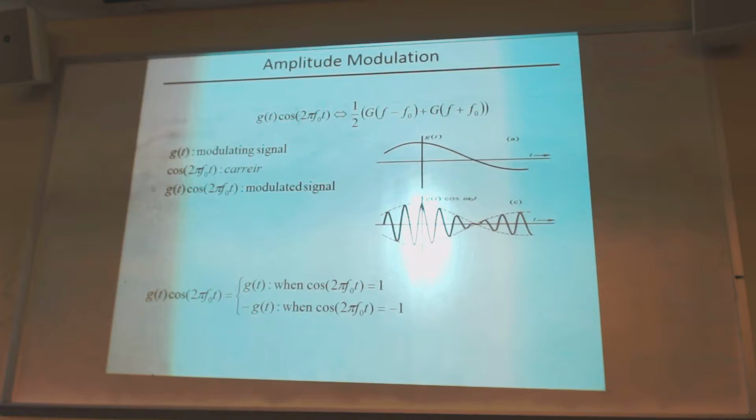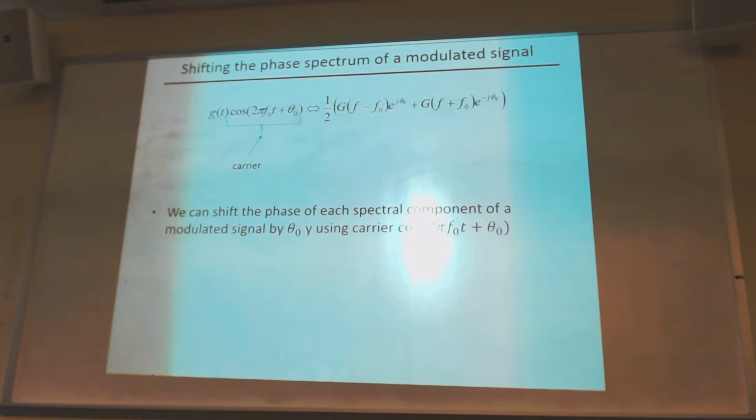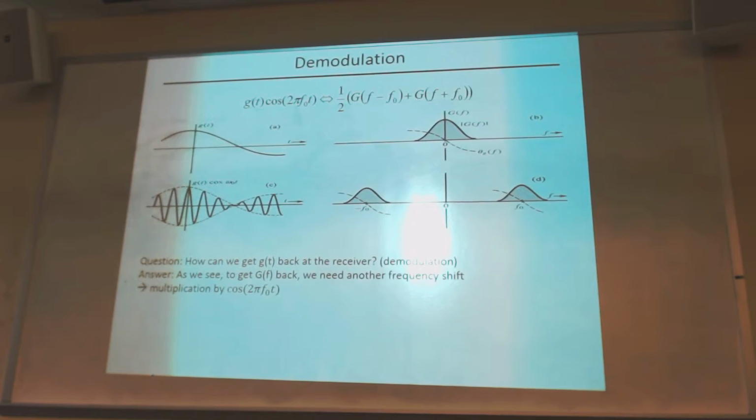And anybody remembers what is the spectrum of these? If the spectrum of g(t) is capital G(f), the spectrum of this modulated version is shifted to the right and to the left, right? And divided by 2. So basically, this is the spectrum G(f) for the original signal.